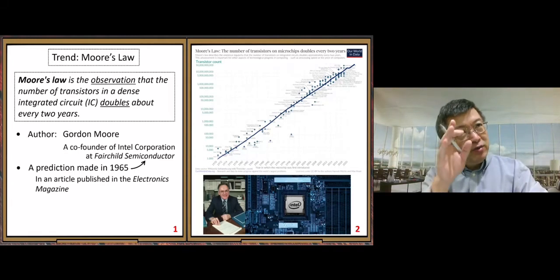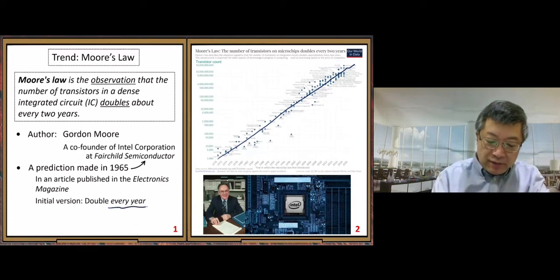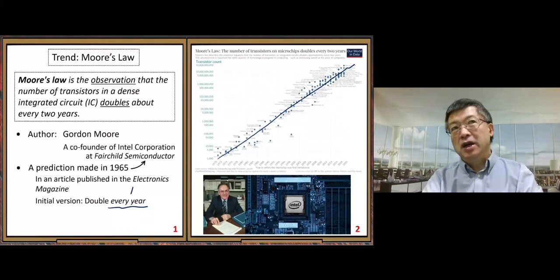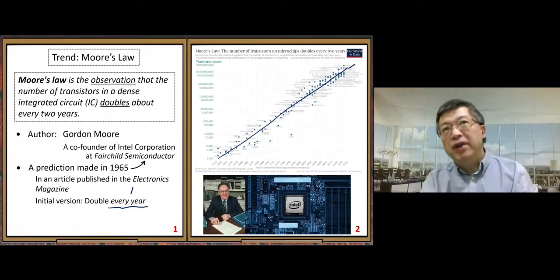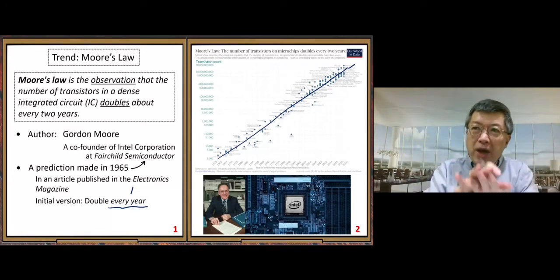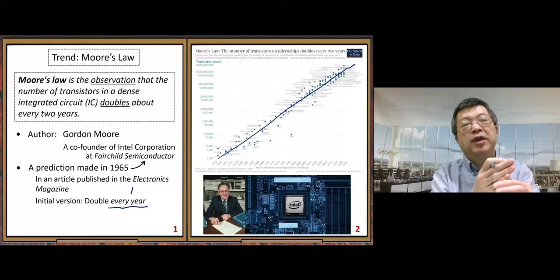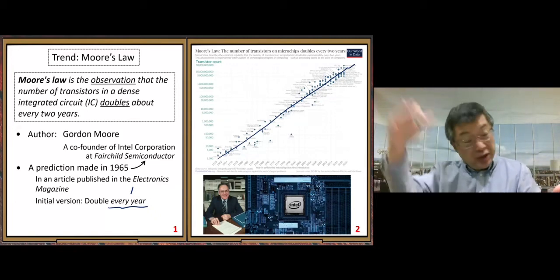The initial version was not the current one. The initial version is quite different: double every year. Every 1 year, that fast. The reason is very simple, because in the 1960s, the base number of transistors per unit square was very small, so it was very easy to double every year.